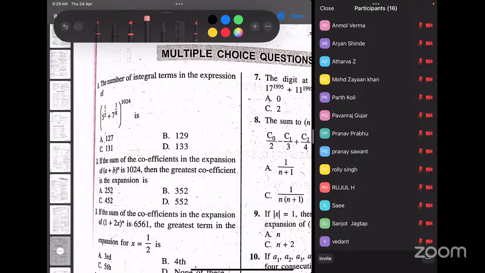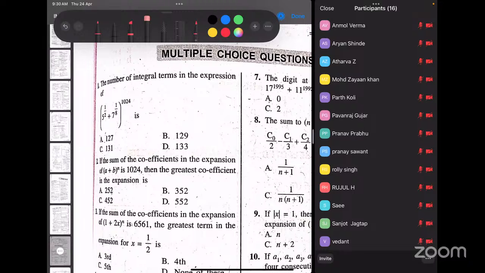Anyone? Any idea? How will you solve it?